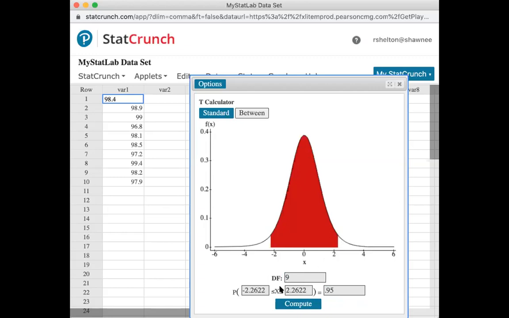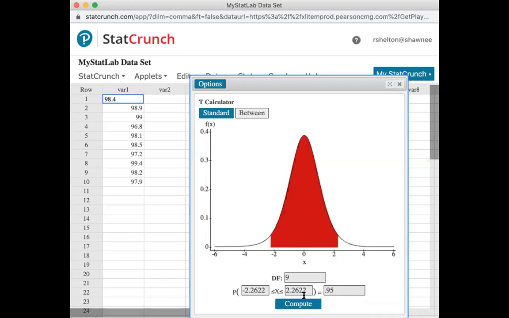That's t star, okay? That's your upper threshold, if you will, for your test. So that's the number we would be comparing our sample t to, our test statistic t that comes from the sample. We compare that with this critical value of t in order to determine whether to reject or not.